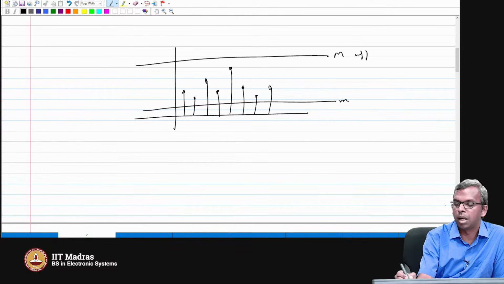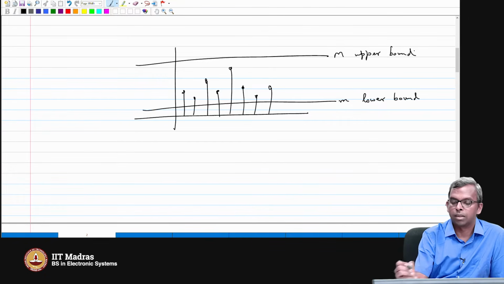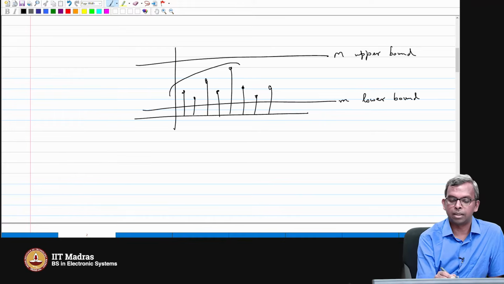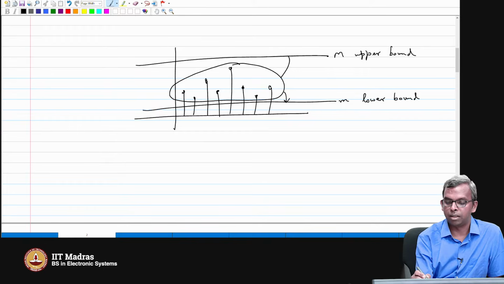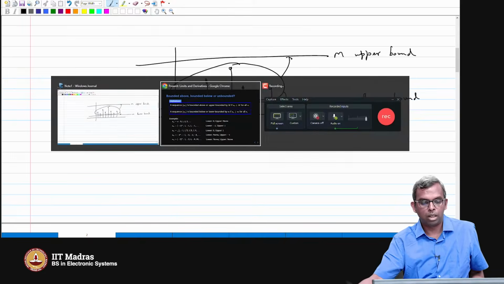So this is the upper bound, this is the lower bound. The bound is like a boundary. So you have the upper boundary and lower boundary. All the values of the sequence have to be between these two bounds. It cannot go outside. So that's lower bound, upper bound.